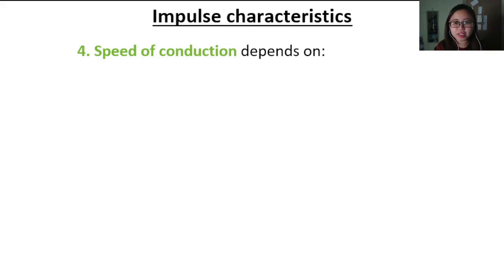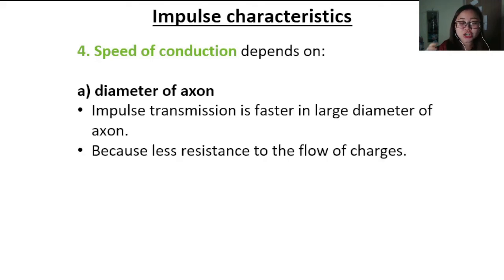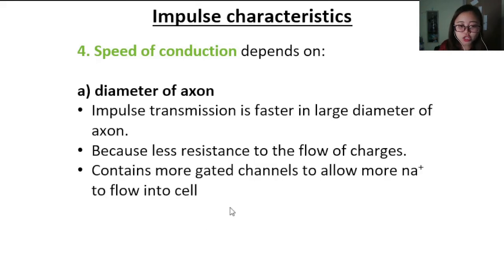So, apakah faktor yang akan mempengaruhi berapa cepat sel-sel otak kita dapat menyampaikan maklumat? Well, the first factor is the diameter of the axon. Besarkah axon sel otak kita? Impulse will travel faster or become transmitted faster in a large diameter axon because a larger diameter of axon will have less resistance to the flow of charges.